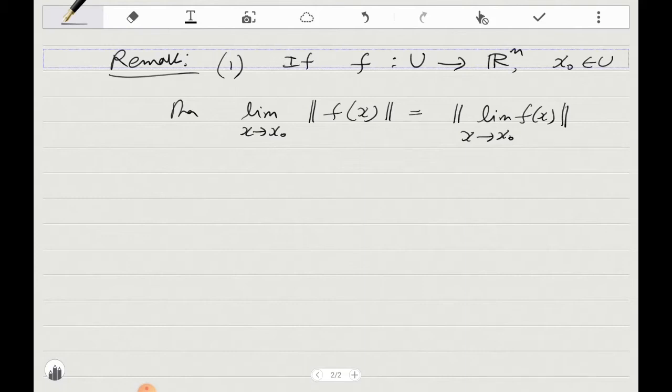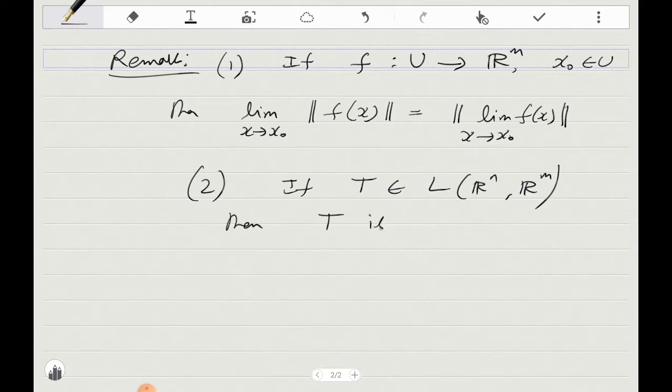This is one thing. The other thing is that linear transformations are continuous. If T is a linear transformation from Rn to Rm, then T is continuous, i.e. the limit as x goes to x naught of T of x is equal to T of x naught.